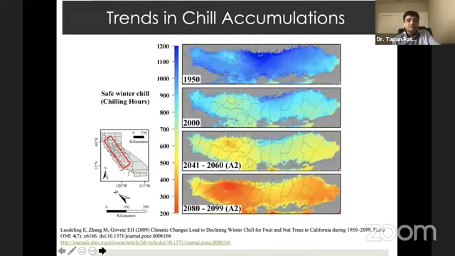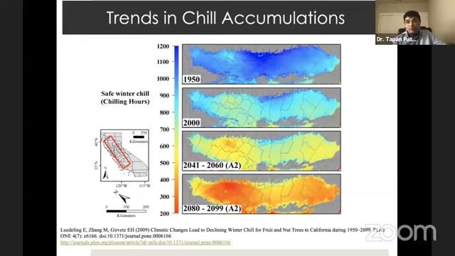I mentioned chill accumulation. This is California shown vertically, with the Central Valley on the horizontal scale, and what it shows is that in 1950, for example, you were getting chill hours anywhere from 1,200 to 10,000.